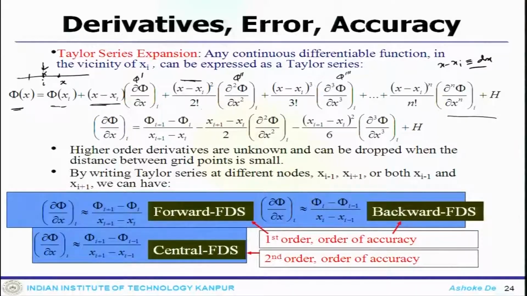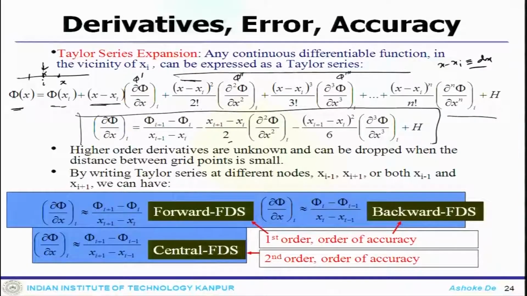So if you write del phi by del x at point I, it can be written as phi I plus 1 minus phi I divided by x I plus 1 minus x I, minus x I plus 1 minus x I by 2 del 2 phi by this. And so essentially taking everything else from this side to the other side, you write del phi by del x.